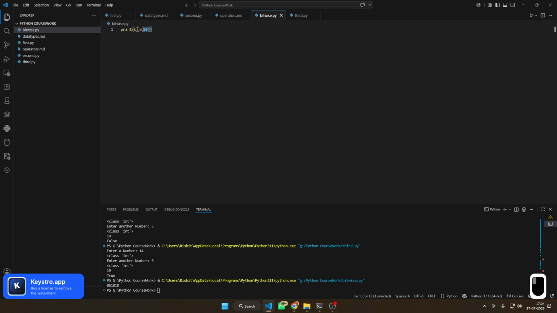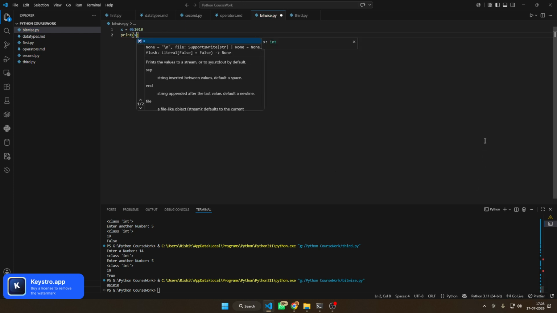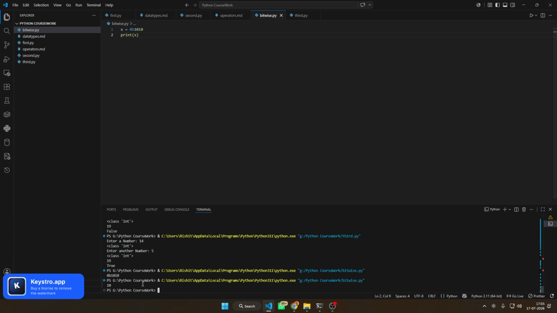So similarly, we can define our own number. So x equals 0b1010. What should this evaluate to? 10. So if I print the value of x, this gives me back 10, because when I declare 0b before a number, Python understands that I'm going to declare a binary number.